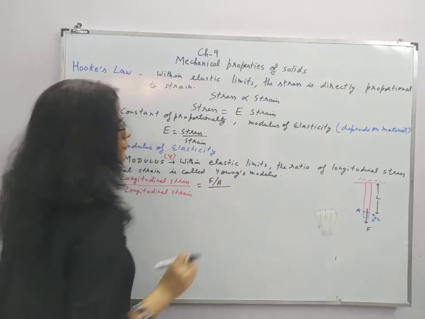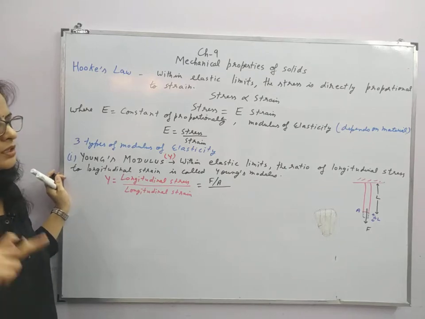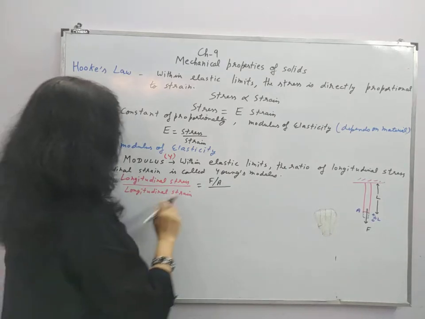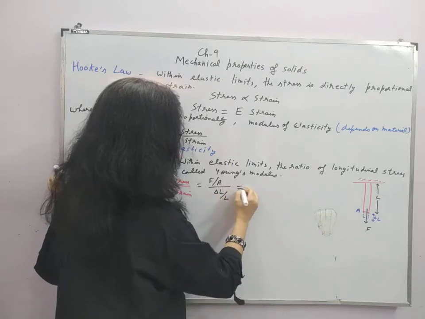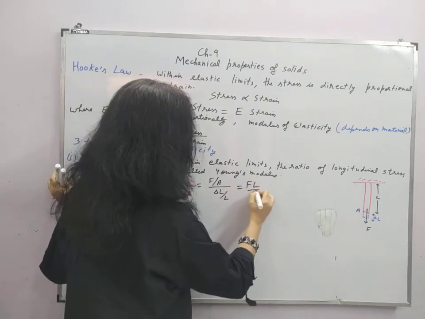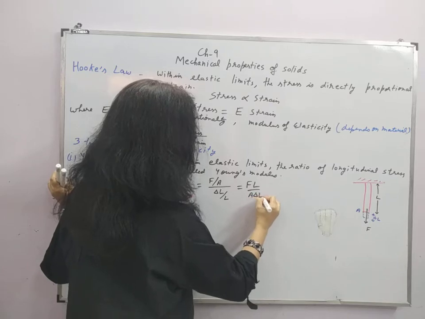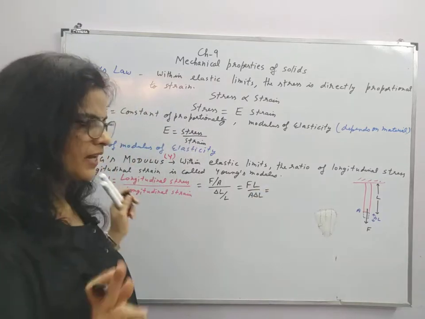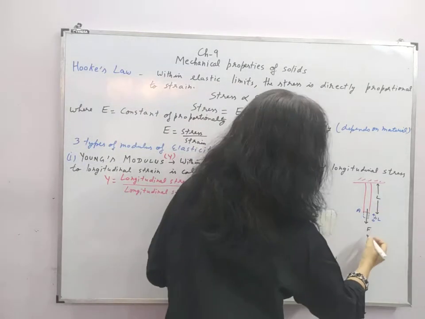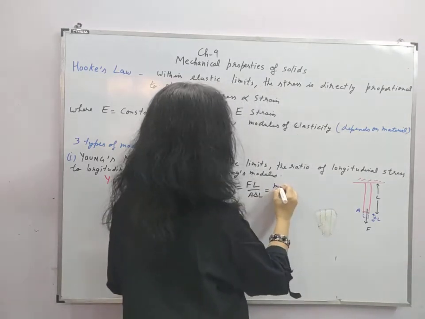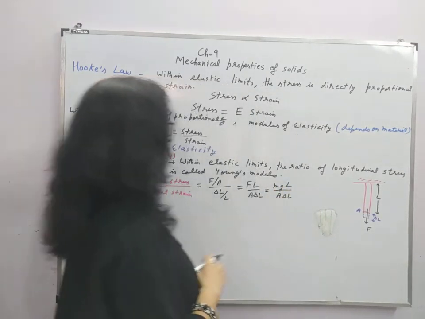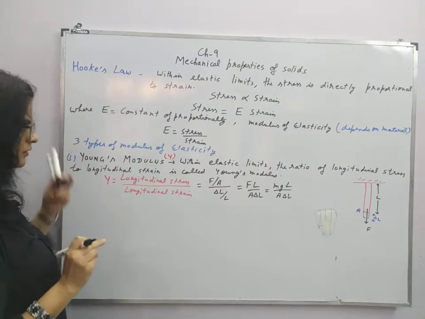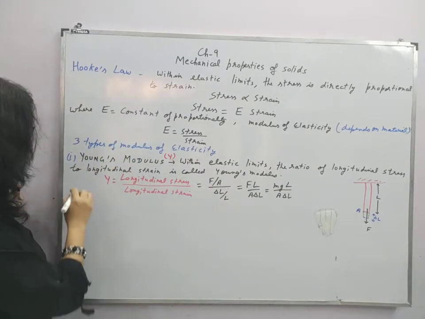We know that the restoring forces are developed equal to the deforming force, and longitudinal strain will be change in length upon original length. So this gives us FL upon A delta L, and if we are applying force by attaching some weight, then F can be written mg. So this is the formula. We have many numericals based on this formula.